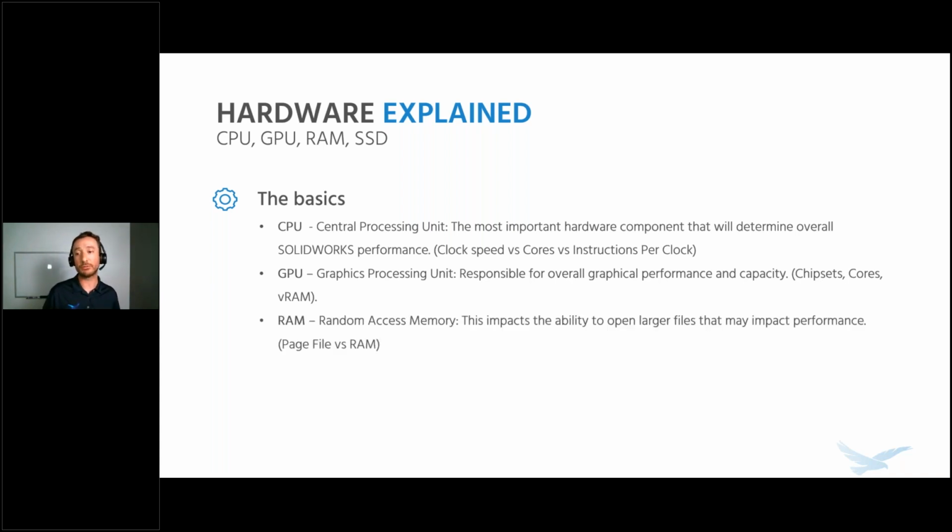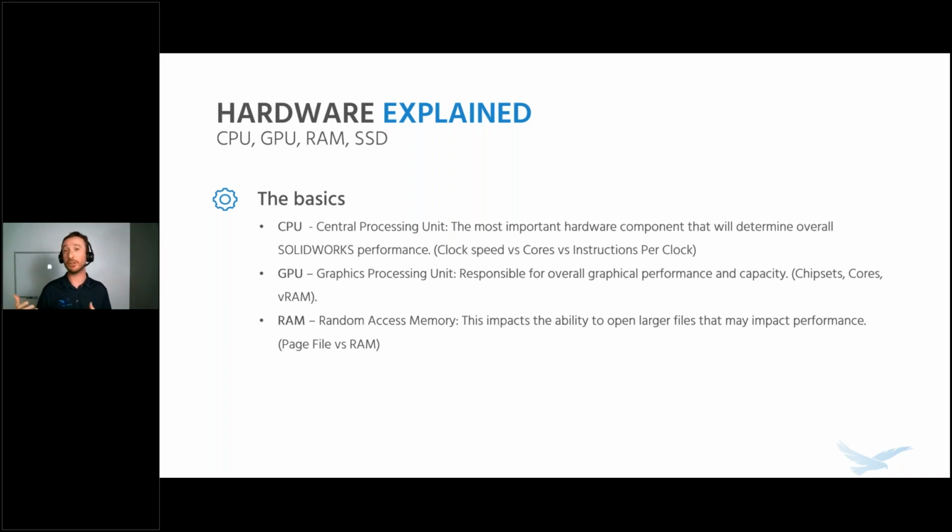The third component is RAM, and we're going to go over this pretty quickly. It stands for Random Access Memory. It's hyper-fast temporary storage that's used by your CPU. And what this really comes down to is whether or not you have enough to load your largest data set. As you load more and more assemblies, drawings and parts, which loads them into RAM, if you consume all the physical RAM available to your system, your operating system will begin to use a page file or virtual memory, which is going to be slower than RAM.